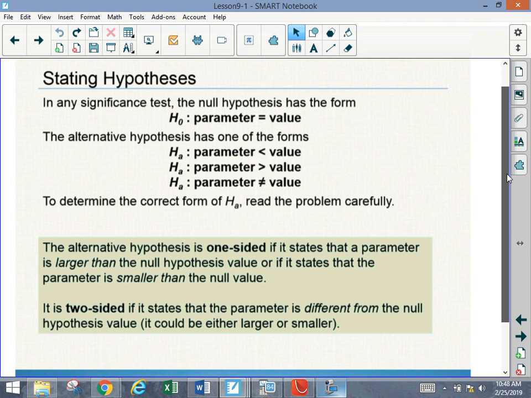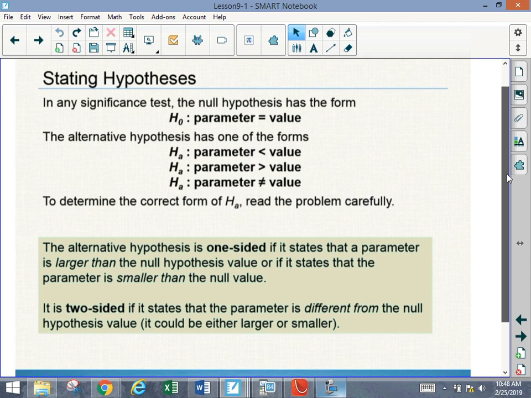And we're going to either show that the parameter is less than that value, greater than that value, or does not equal that value. In other words, it could be greater than or less than, right? And depending on the situation, you'll have to choose one of these for your alternative hypothesis. All right?